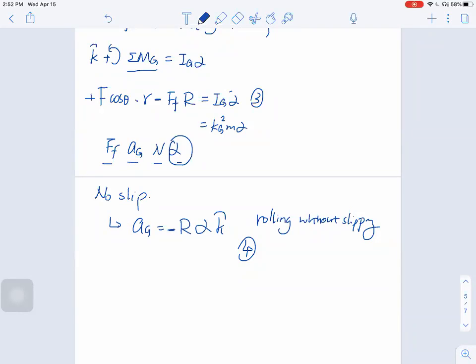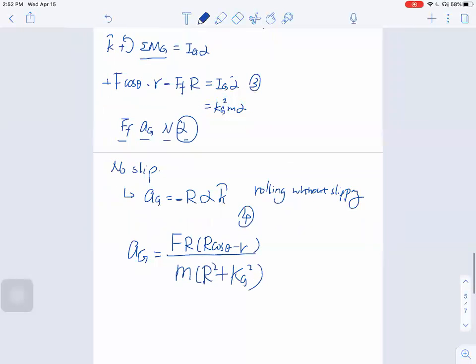Because if we can find the expression for aG, the symbolic solution for aG is going to be F times R cosine theta minus small r, over m times R squared plus kg squared.